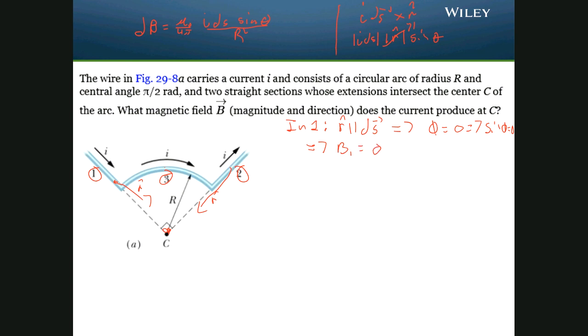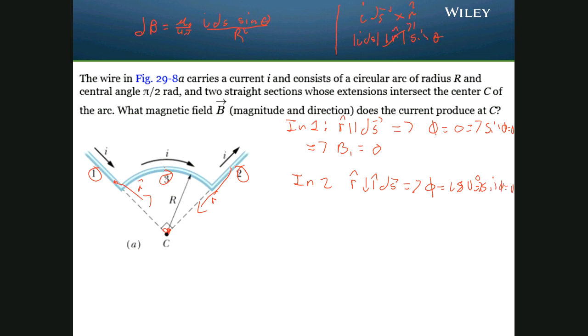Now, if we look at region 2, r hat is anti-parallel to ds. This implies phi equals 180 degrees, and that implies that sine of phi equals 0.